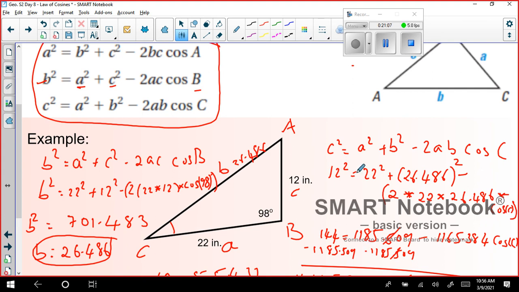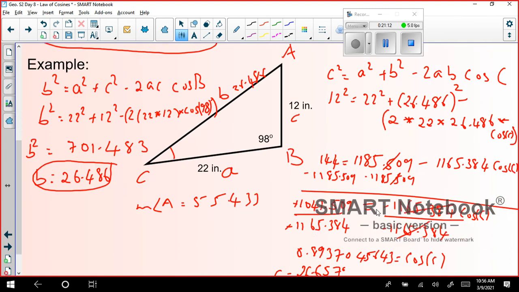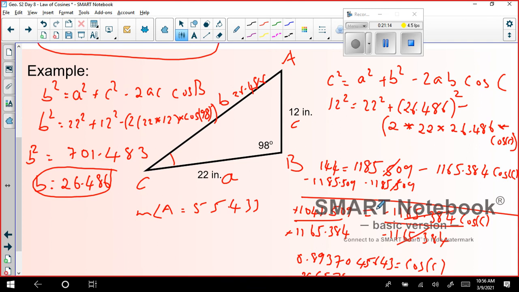Further simplify this. 12 square is 144, and 22 square is 1185.509, and this part 2ab, that is 2 times 22 times 26.486, is 1165.384 cos C. Further, subtract 1185.509 from both sides.